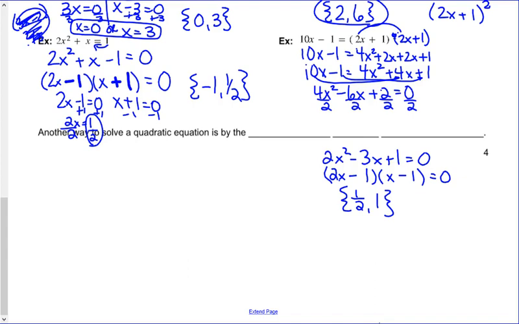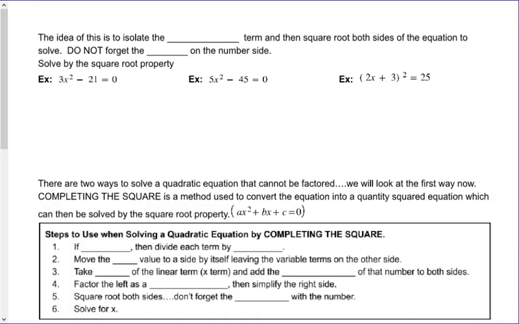Another way to solve a quadratic equation is by the square root property. And it is not too bad. The square root property is going to get us to where we isolate an x squared term by itself, and then we're going to square root both sides in order to make that true.